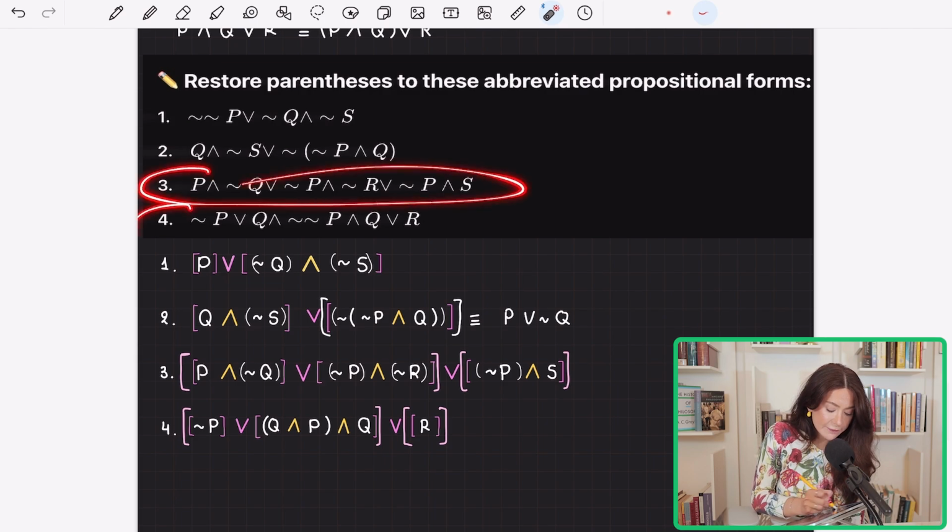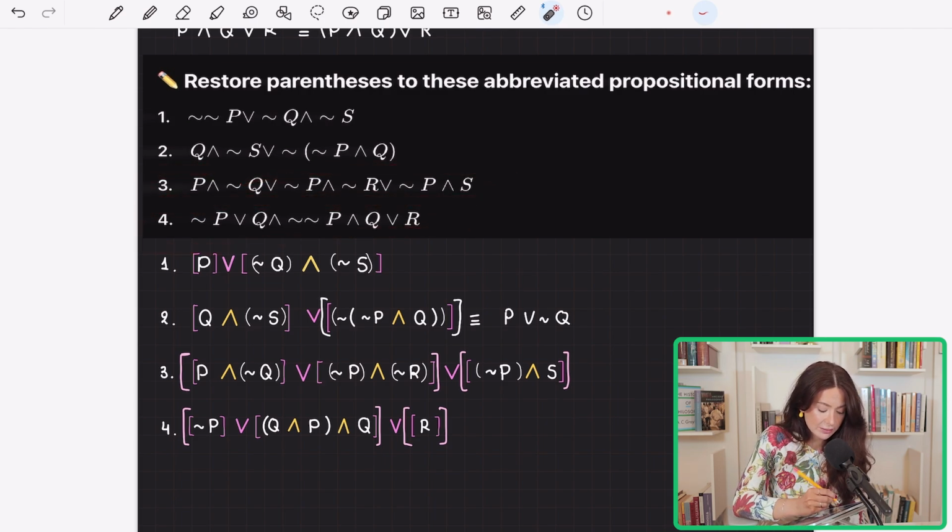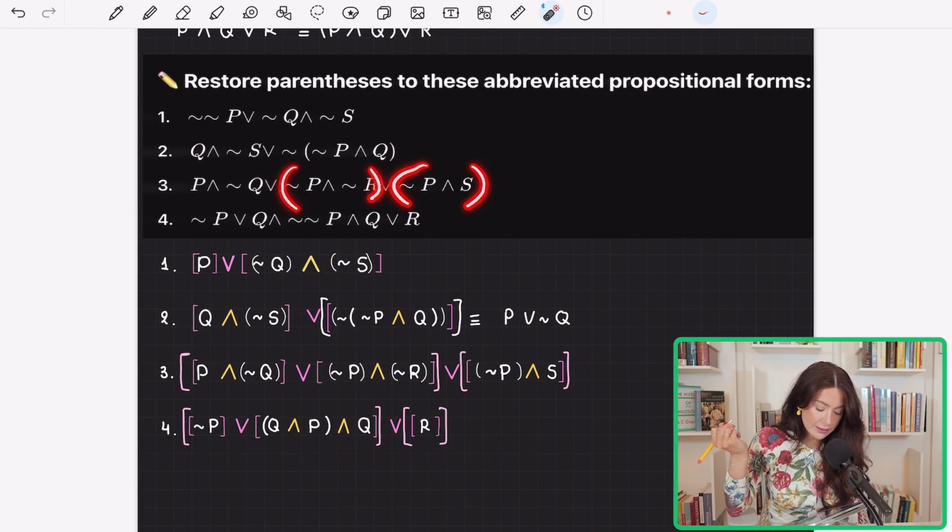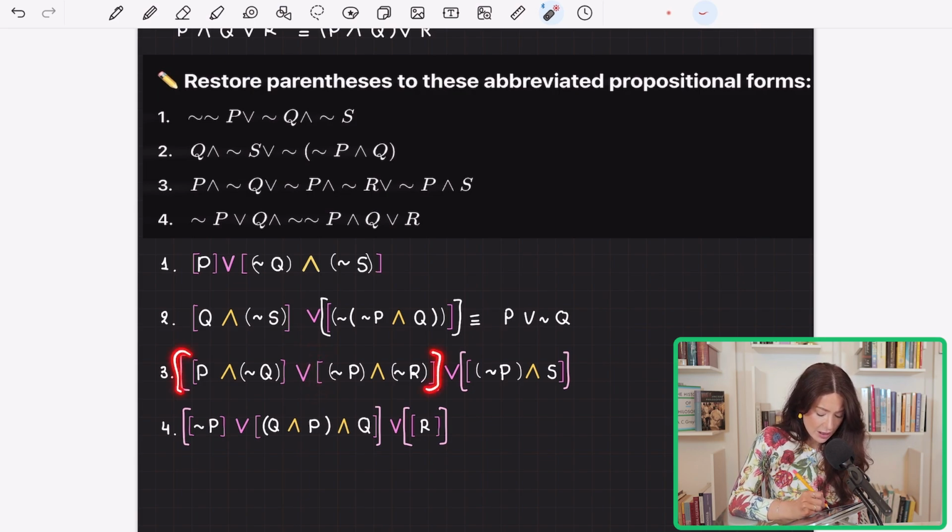So for the third and fourth, just like we did, first you apply parentheses with the negations, then you look for "and," right? There, and then you would have three ors. And here I have drawn parentheses here.